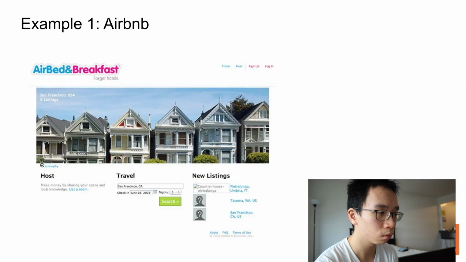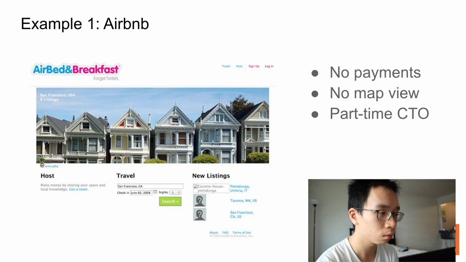Okay, here is a classic example. This is one of Airbnb's first landing pages in 2008, I believe. One of the things you might find interesting about Airbnb's first product is that there were no payments. When you found a place to stay on Airbnb, you had to exchange money with the host in person.